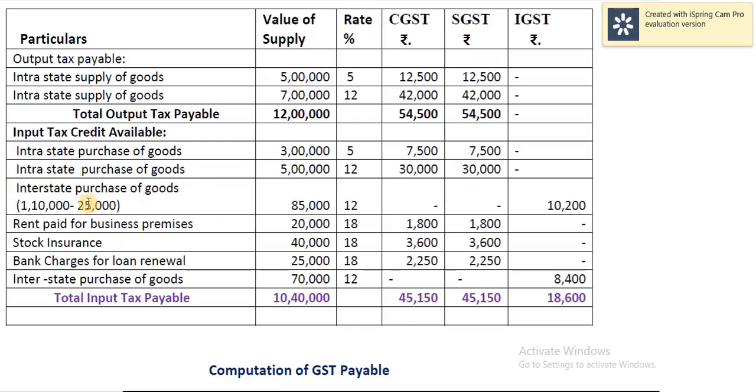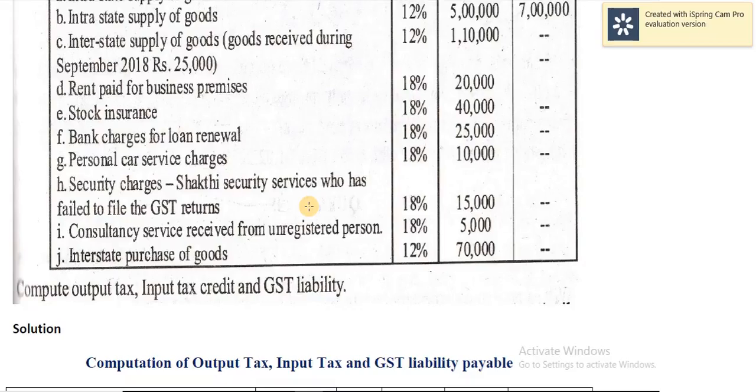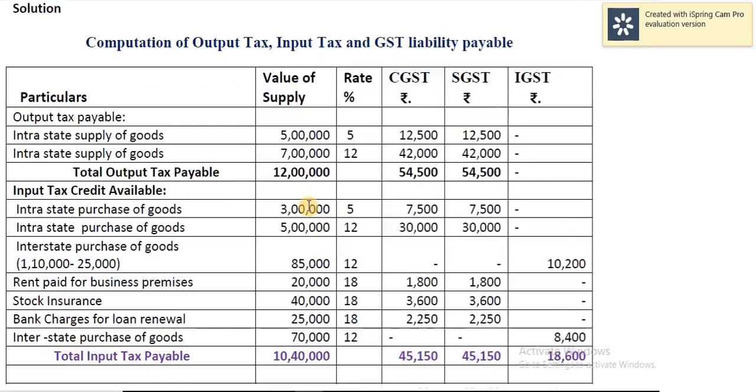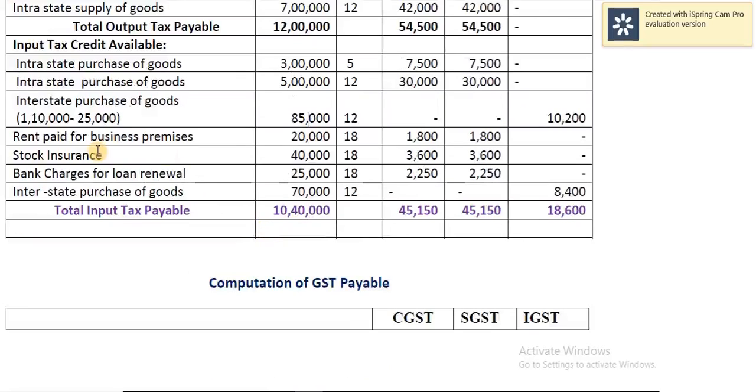Interstate purchase of goods 1,10,000, and the goods are not returned, but goods received during September, right? Goods are supplied in the next month, therefore that has to be deducted. And it is interstate, therefore IGST. Rent paid for business premises, so 9% each within the state.